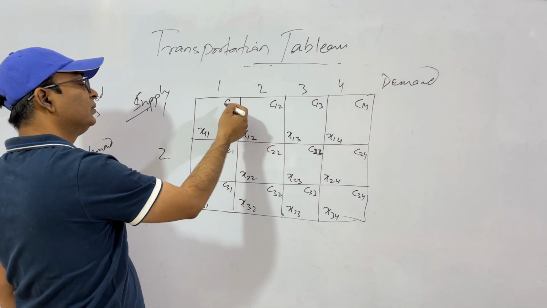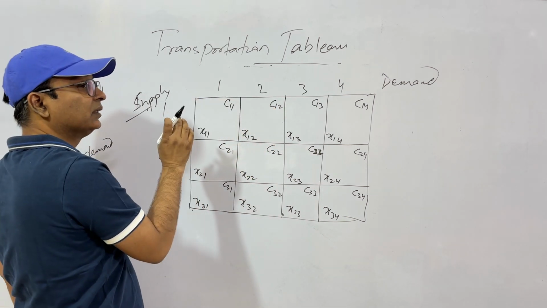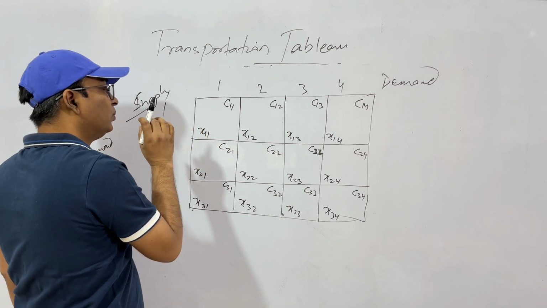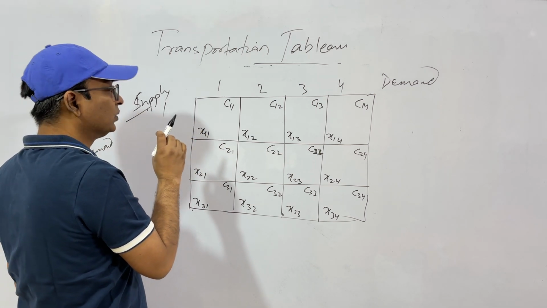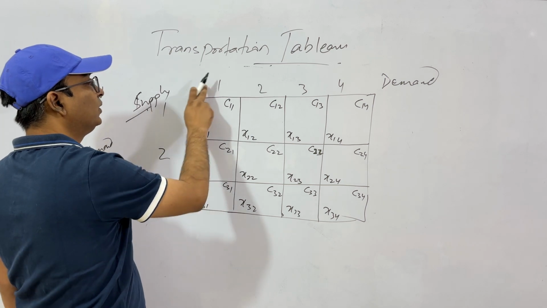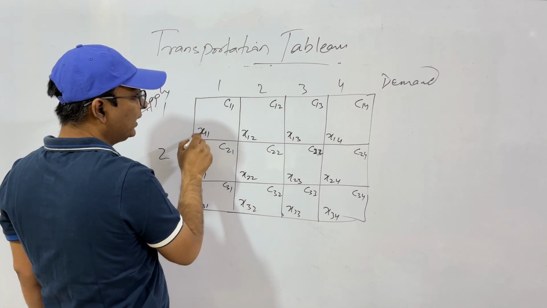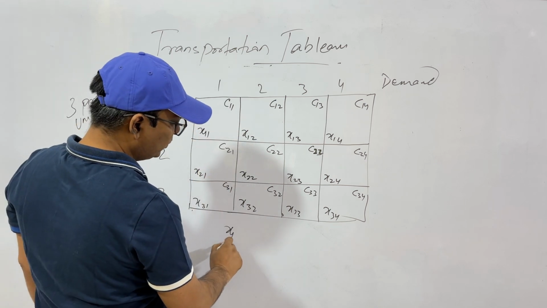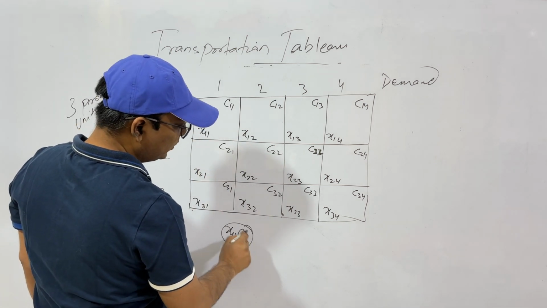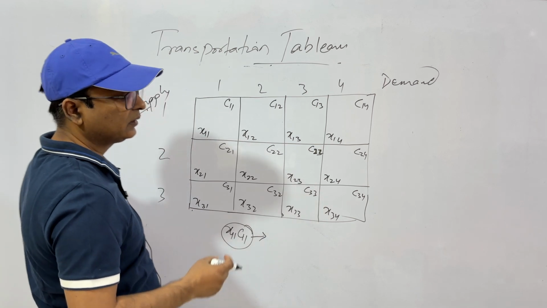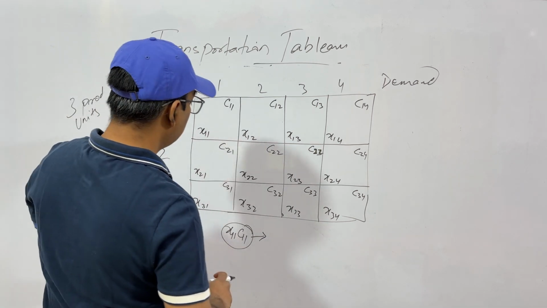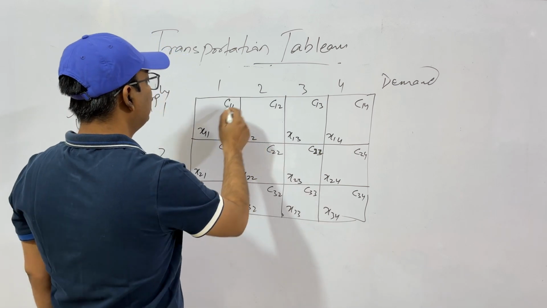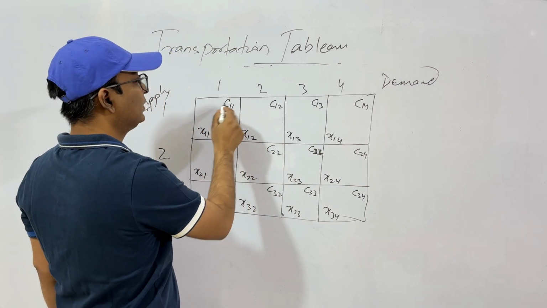In this corner, you know this is the cost per unit of transportation, and this is the volume of transportation. If you want to know the cost of transporting items from 1 to 1, we transported x11 items and the per unit cost was c11. So x11 times c11 is what will be given to the transportation agency, be it a truck or train agency.